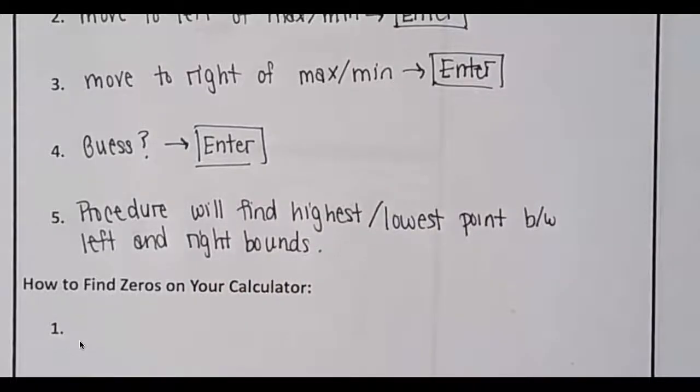It's important that you know that, because if you accidentally hit minimum instead of maximum, it would give you the lowest point between the left and right bounds, which is probably one of the places where your left and right bounds were.